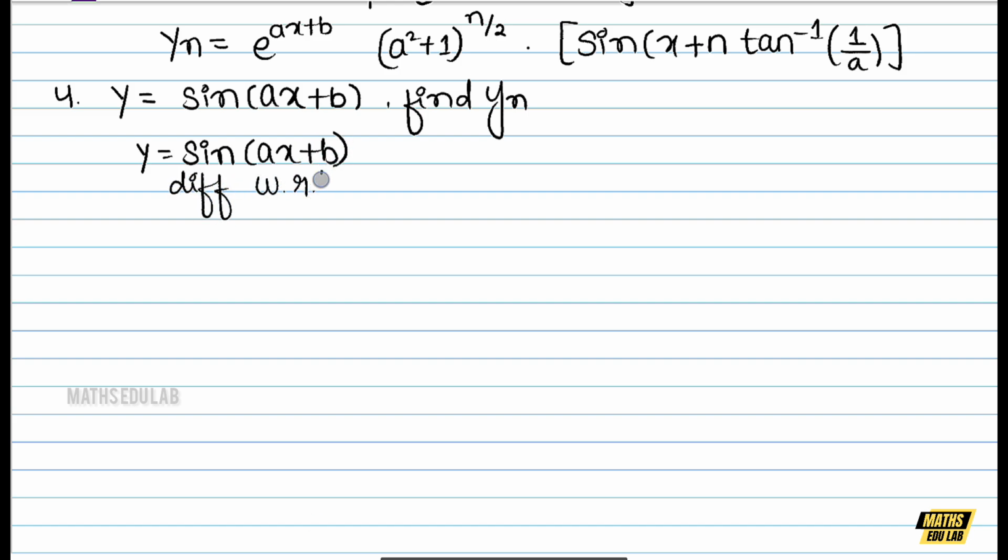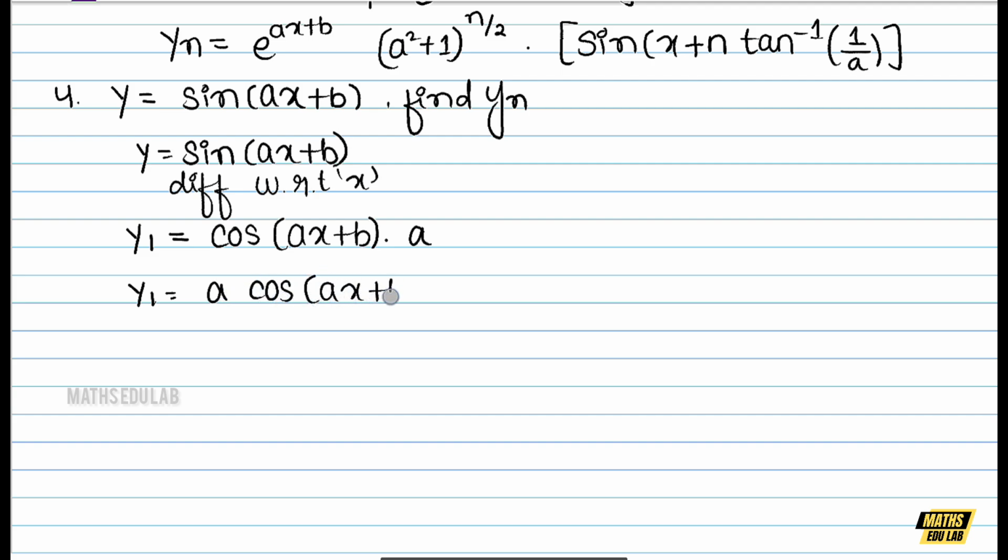On doing the derivative with respect to x, the equation will change to y1 is equal to, here we have only one function, so the derivative of sine x will be cos x, where x is nothing but ax plus b. Again, by following the chain rule for this function, we have only a. Then y1 can be written as a cos ax plus b.